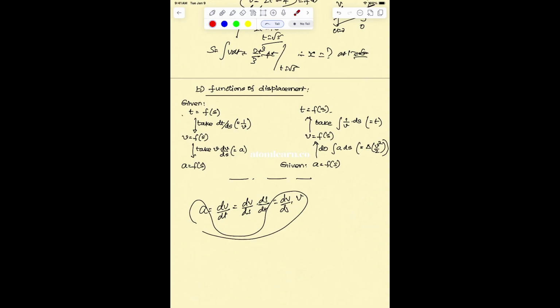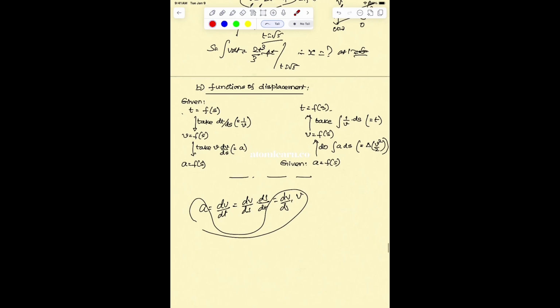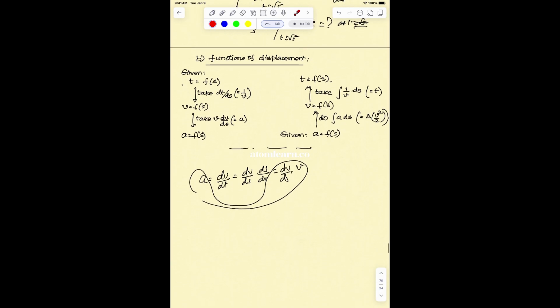Now the reverse process of this, that means the integrating process, will give you back the original function that we want. Like for example, suppose now they are giving you acceleration as a function of displacement. Then when you integrate a ds, what you get is delta v squared by 2.